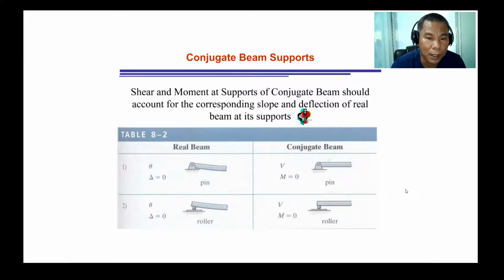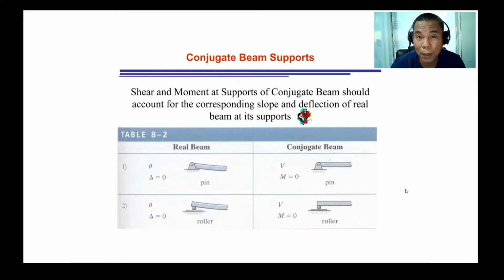As you can see here in this table, if in the real beam the support is a pin, then there's no problem, because in the conjugate beam the support is also a pin. What's the effect of that? In the real beam, for a pin support, there will be no deflection, so delta is equal to 0. But for the conjugate beam, the bending moment is equivalent to the deflection of the real beam.